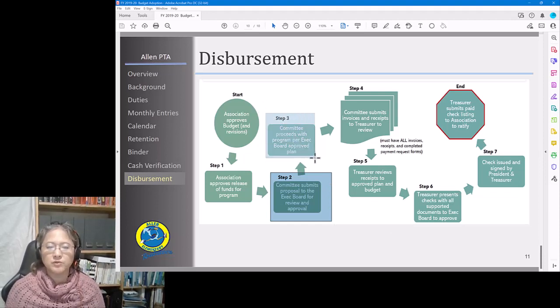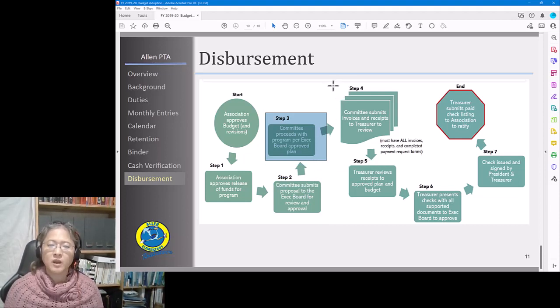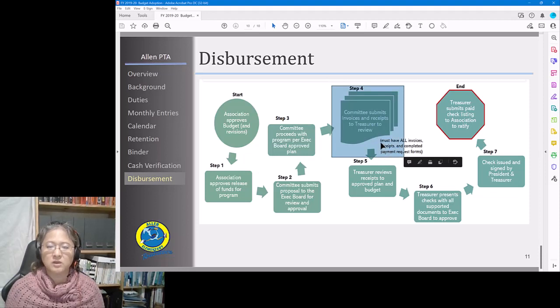Once it is approved, they need to start working on it and keep all of the invoices and receipts. And if they need advance payments so that they can start buying things, they also need to get that approval from the executive board. Then they submit all of the attachments, including the reimbursement form, the invoices, and any receipts to the treasurer, with the president's review.